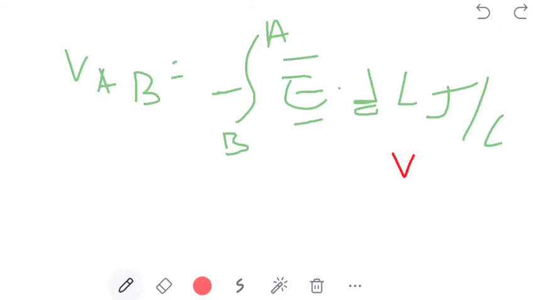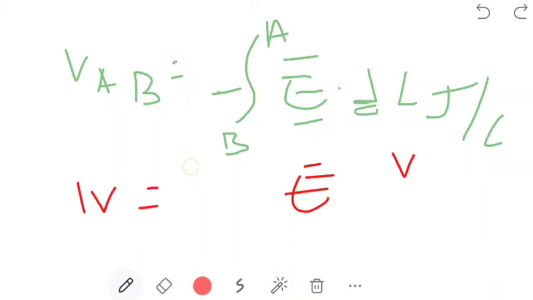The potential of 1 volt means 1 joule of work is done in moving a unit positive charge from one point to another point in the field of E bar. What is 1 volt? 1 volt means the potential difference is 1 joule of work done in moving a unit charge from one point to another point in the field of E bar.